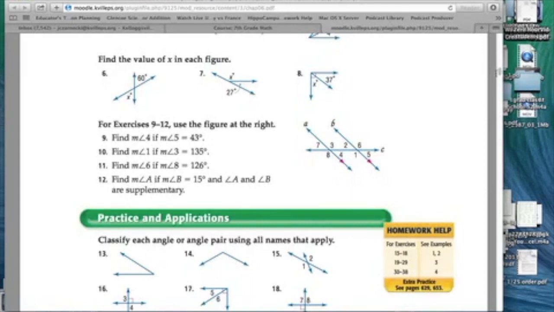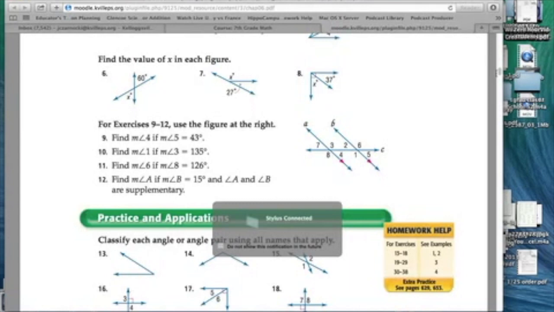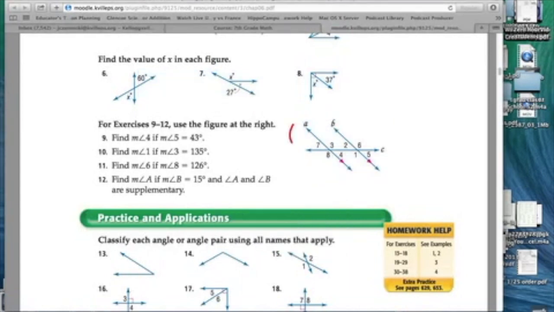And notice in numbers 9 through 12 that they give you a transversal that is here. They give you two parallel lines cut by a transversal, and then they ask you some questions. Find the measure of angle 4 if the measure of angle 5 is 43.